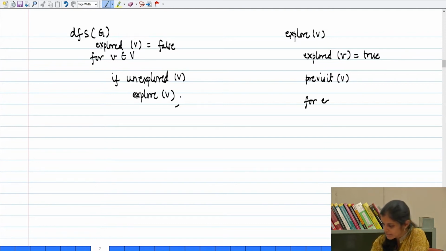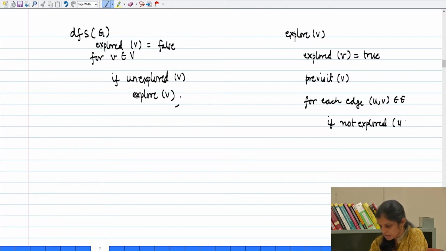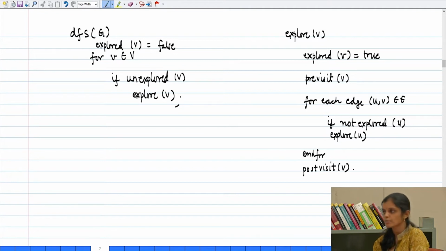Now for each edge UV belonging to E, if not explored U, what should we do? Explore U. And when all of this is done, that is, this for loop has ended, we will also call post-visit of V. So what is post-visit of V?